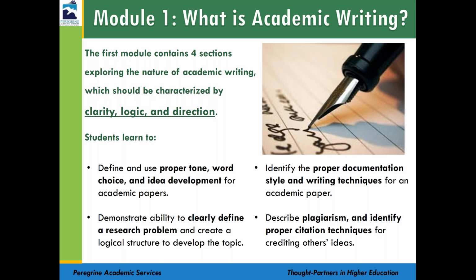So the first module is really just talking about what is academic writing. And in order to find out what makes academic writing good, we discuss 2 ways that it can be very bad. One of those is the student who really doesn't know how to structure a sentence, might have faulty punctuation and grammar, they really haven't supported their thoughts with any research, and it is just too informal.